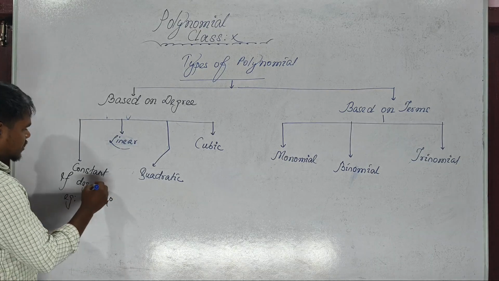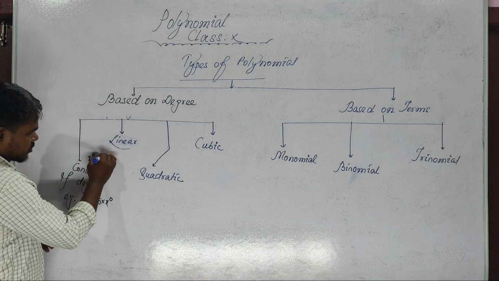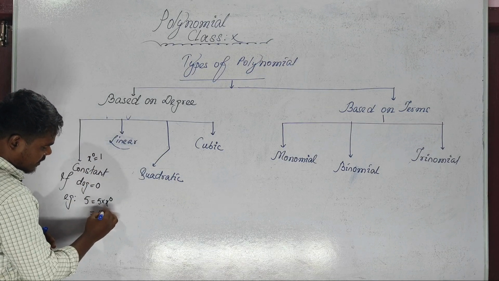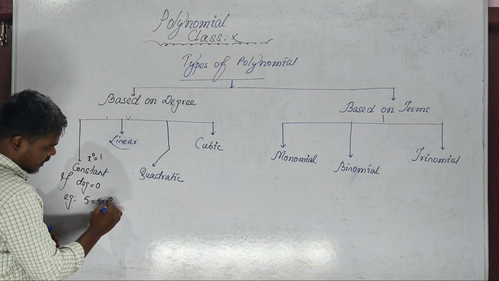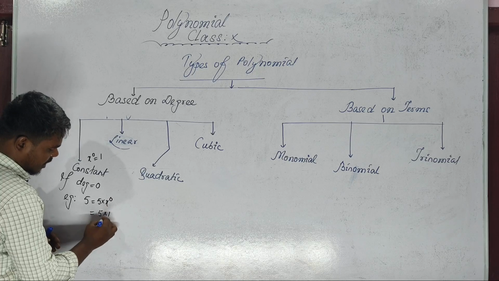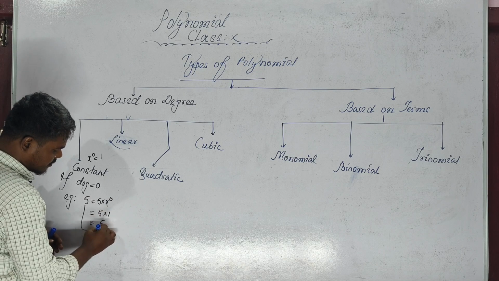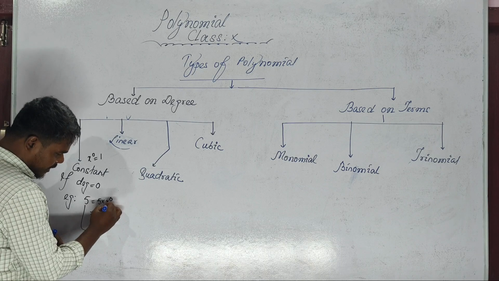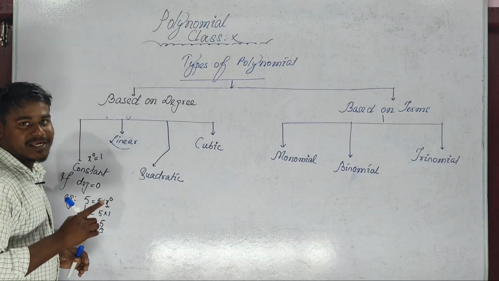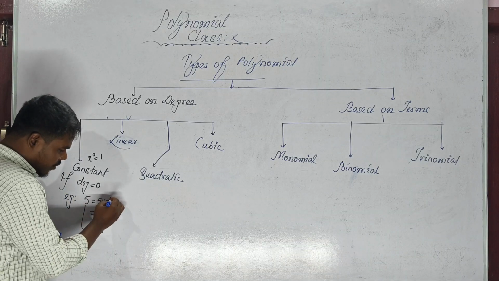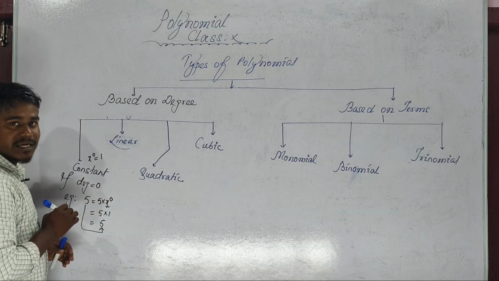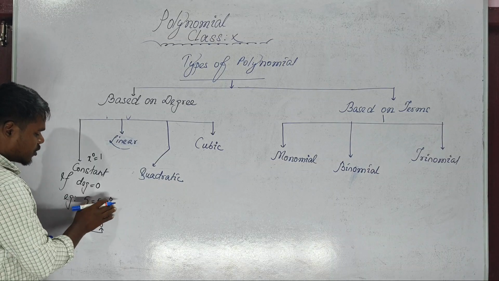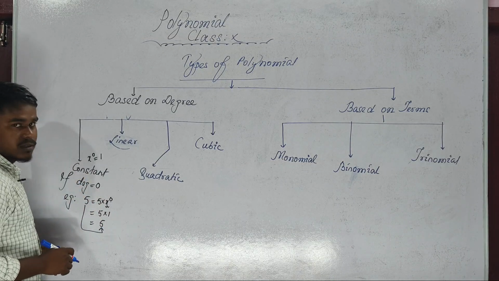As you all know, x to the power 0 is equal to 1. So 5 into 1, that is 5, right? Same thing. So here x means what? Variable. And what is the power? That is 0. That's why this polynomial is called constant polynomial.